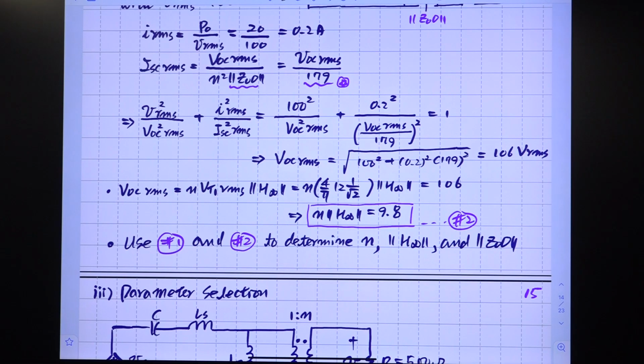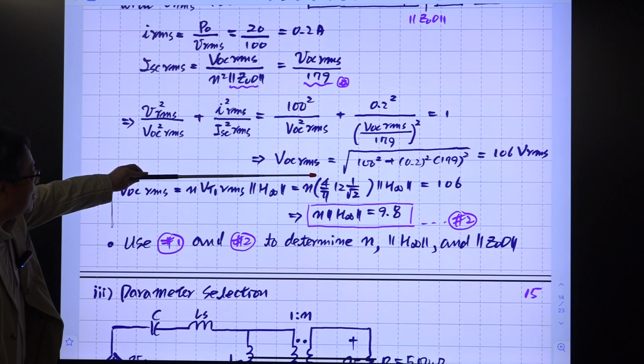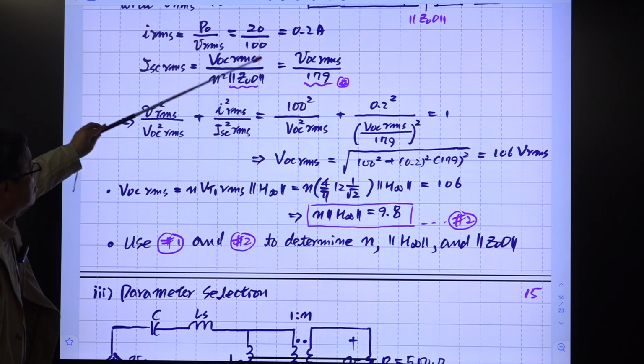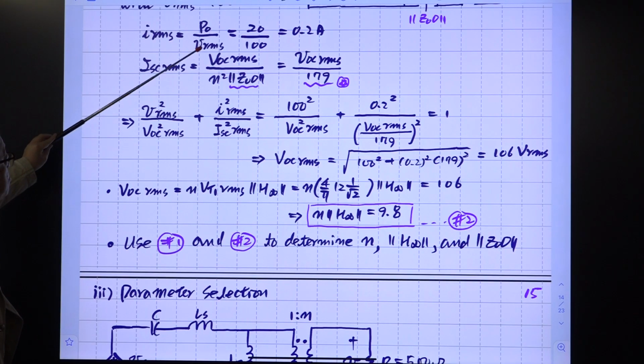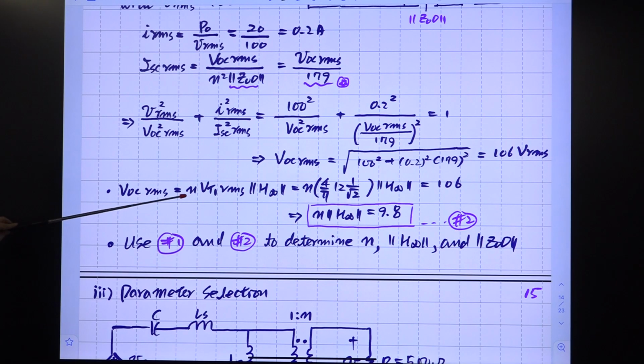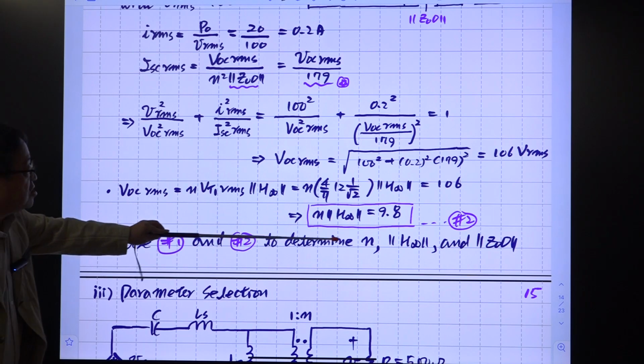This is not difficult. It's distracting somehow. So this is determined, right? This open circuit voltage RMS value is determined from this inverter ellipse equation. Then this open circuit RMS is this one times input voltage times the turns ratio of the transformer, right? So this is determined.